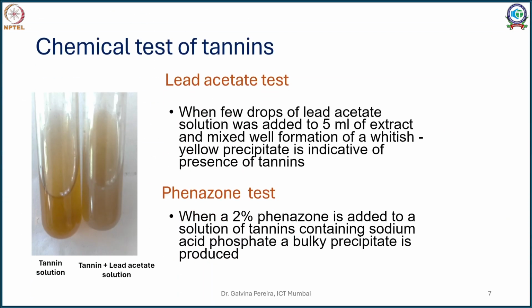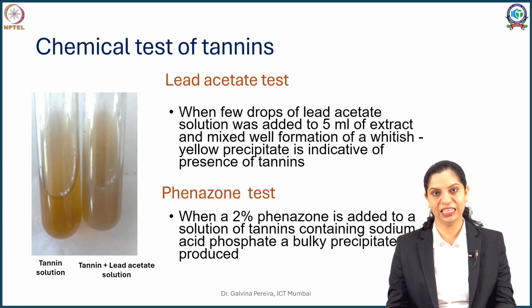The next test we can do is the lead acetate test. In this test, we use the ability of tannins to form complexes with lead. Tannins have the ability to chelate metal ions. With lead they form lead tannate.